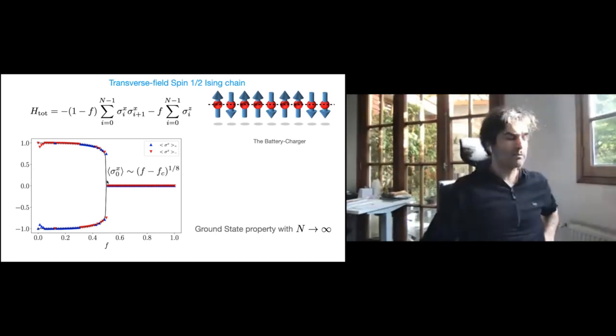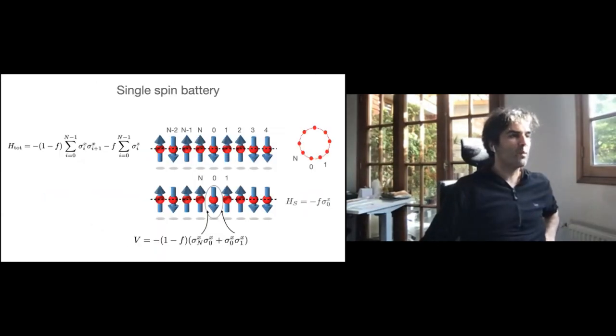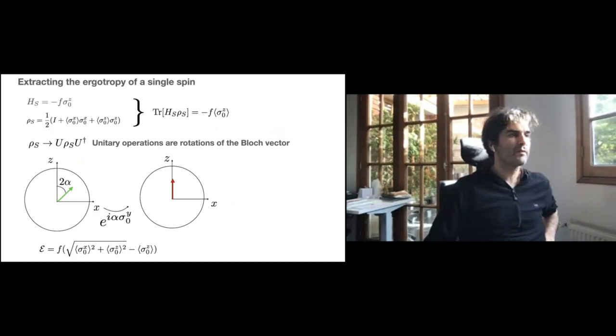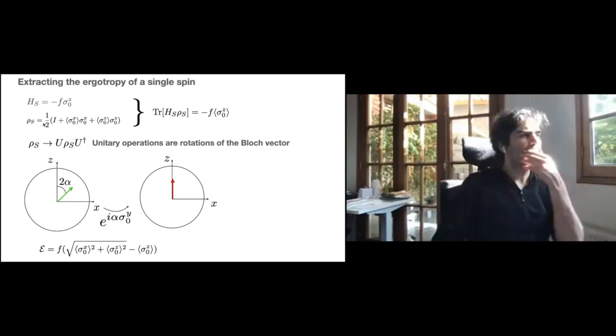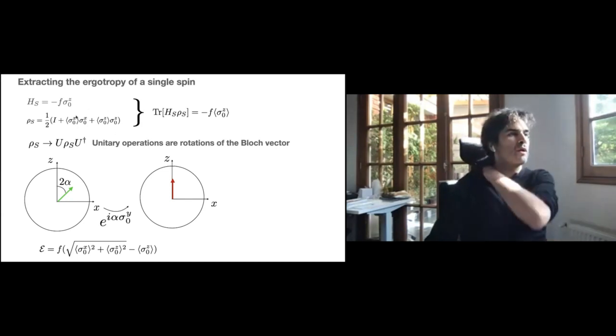There is an analytic expression for the magnetization in the theta direction, and the magnetization along the y direction is 0. Therefore, the reduced state of the battery, so it is a qubit, a spin 1/2 system, can be represented in the Bloch sphere, and the state is given by this expression. So these average values are well known.